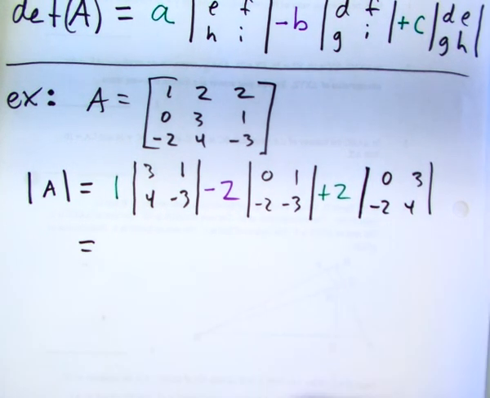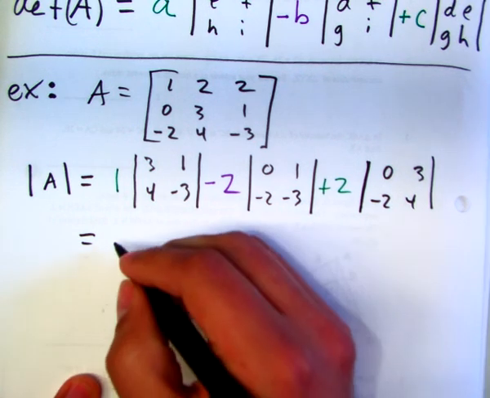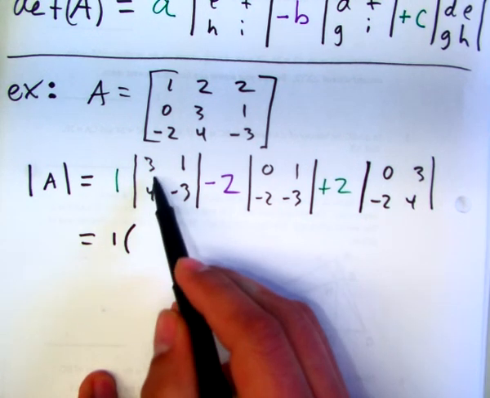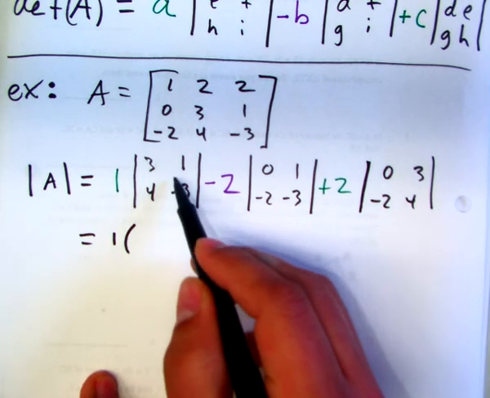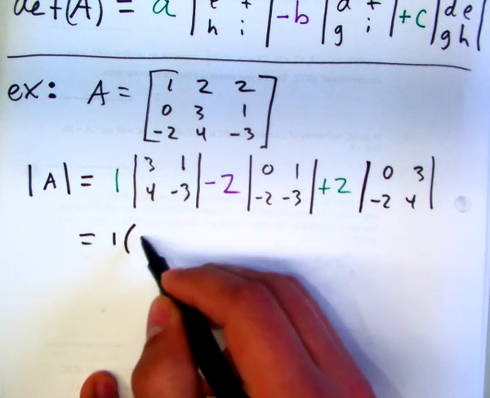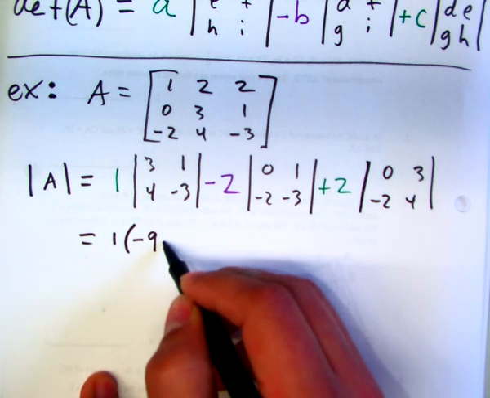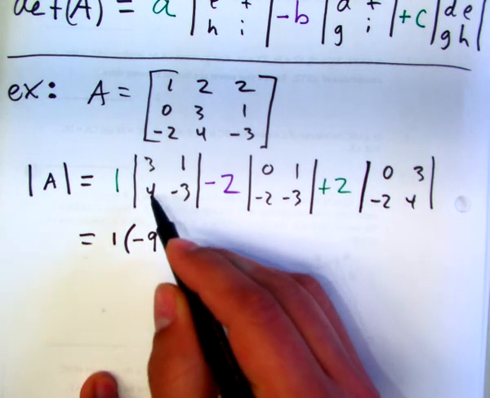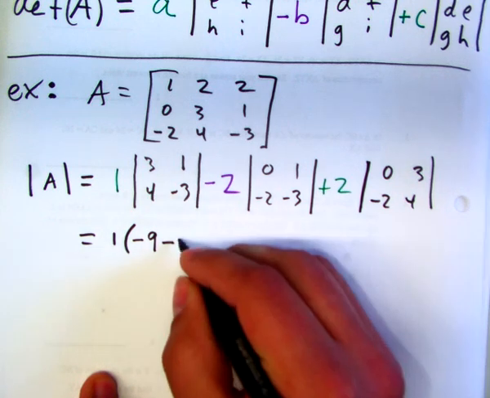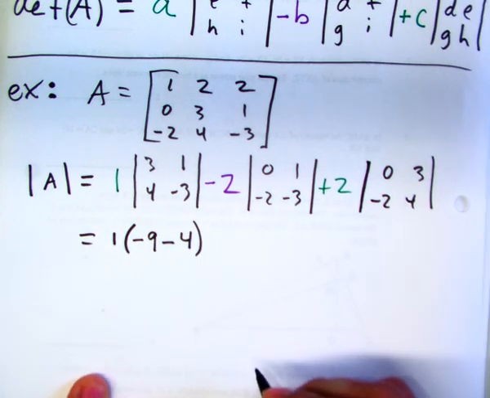Okay, so now we've set it up. Now we just figure it out. So how do I figure out this determinant? You do 3 times negative 3, which is negative 9, and then you subtract what? 4 times 1, which is 4. Make sense?